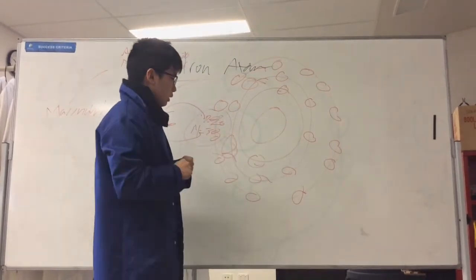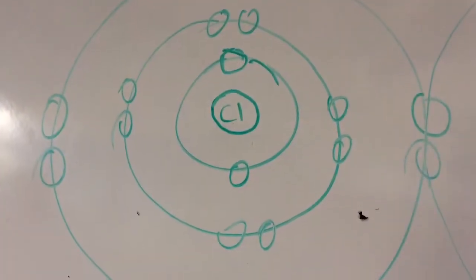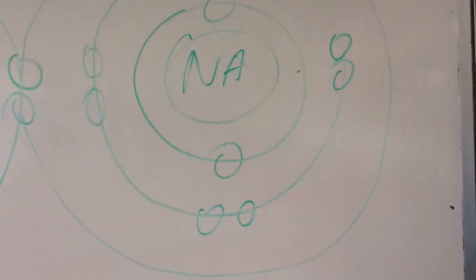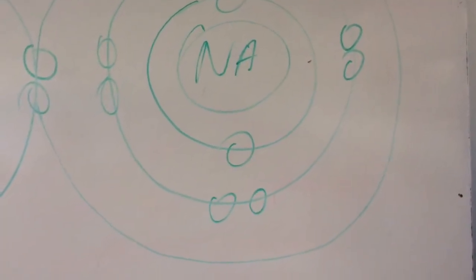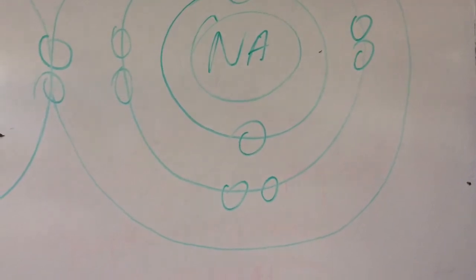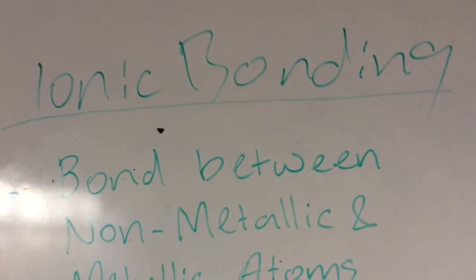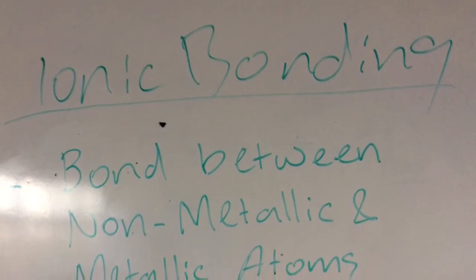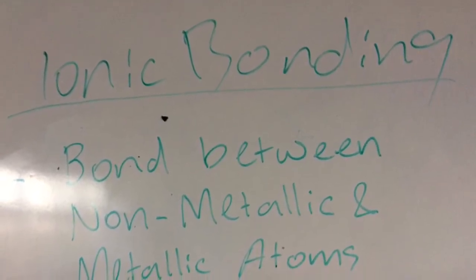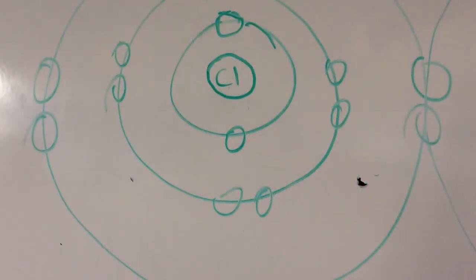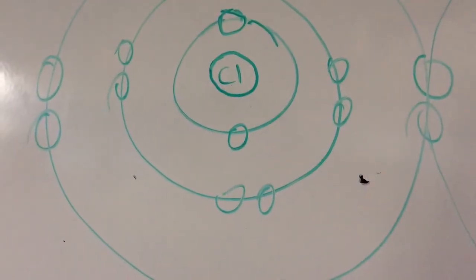So what I'll be referring to today is chlorine and sodium atom. Now, this type of molecule is ionic bonding, which is between non-metallic and metallic atoms. Now we'll start with our configuration of the chlorine atom.